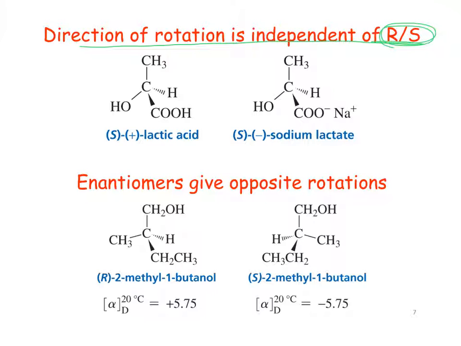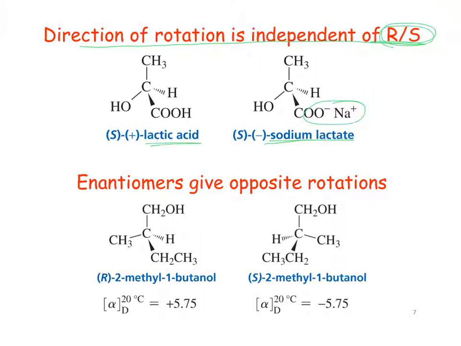So here's a couple of examples. Here's lactic acid, that builds up in your muscles when you work out. So here we have two molecules. We've got lactic acid and then sodium lactate, the sodium salt of the carboxylic acid.